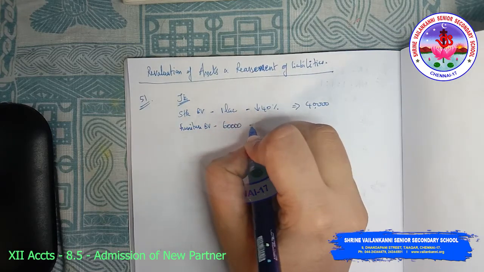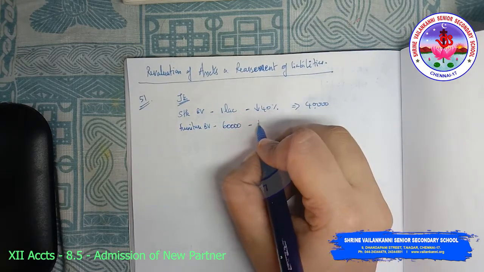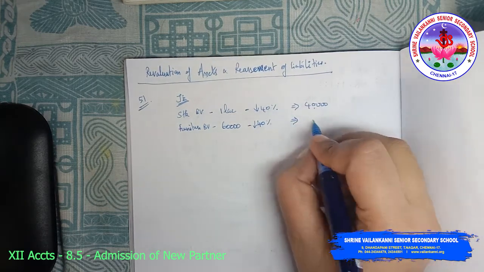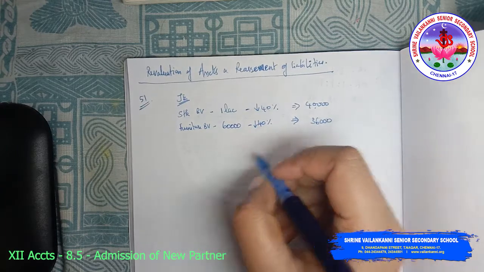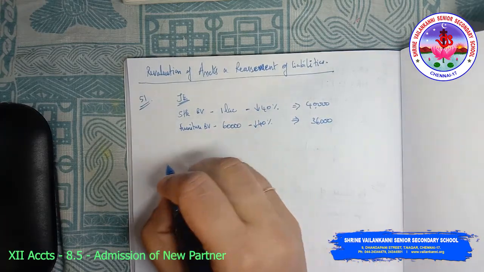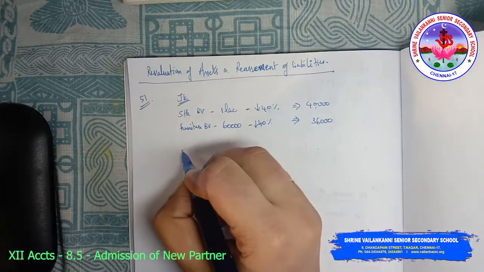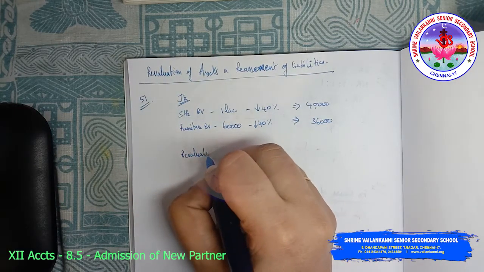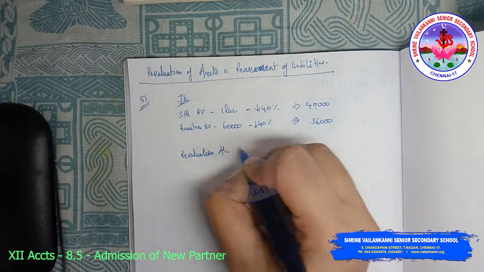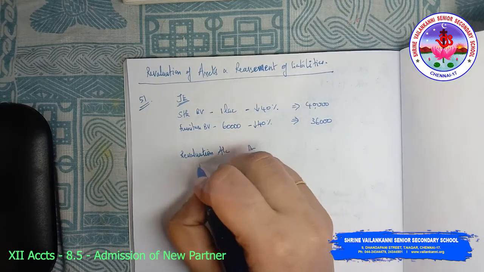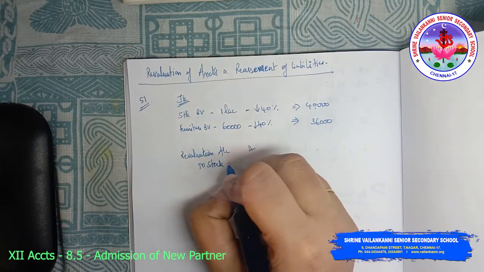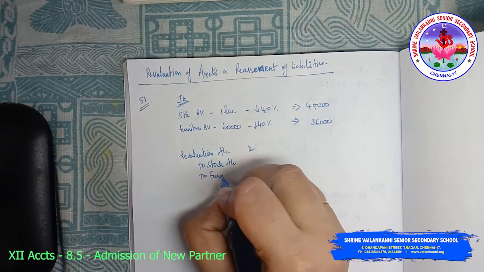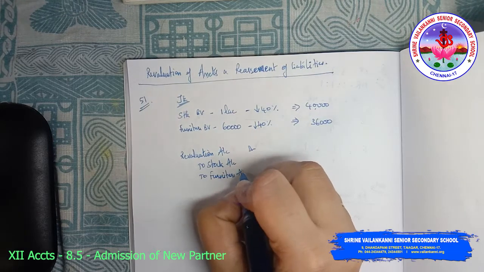60,000 to be reduced to the extent of 40%. So it comes to 36,000. So it is a reduction, so it's a loss. So the journal entry would be revaluation account debit to stock account, to furniture account.